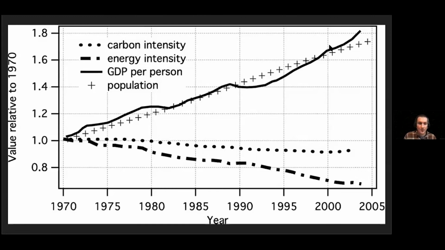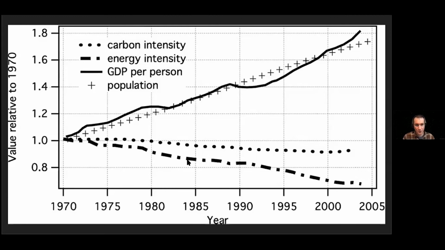You can see that they're both increasing with time, which suggests that carbon dioxide emissions are going to increase with time. Where we've had the greatest impact are the dotted and the dashed lines at the bottom, and these are both in regards to our technology choices and how efficiency of our energy consumption has improved over time. The dotted line is carbon intensity, and its units are carbon dioxide per joule.